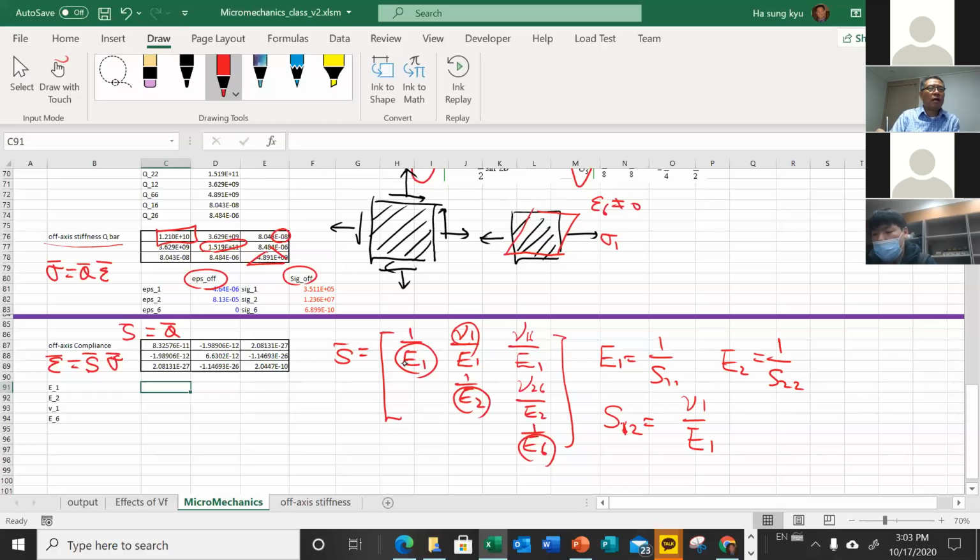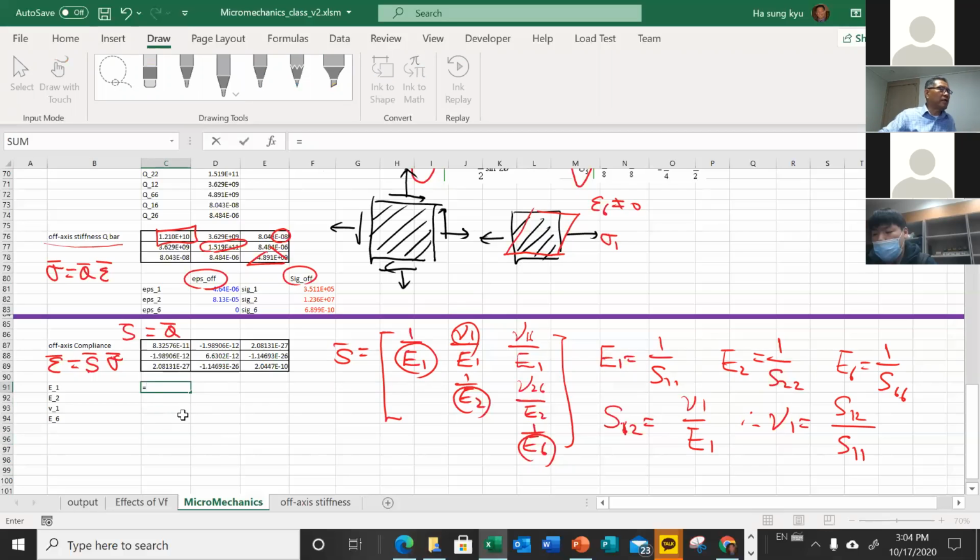So how do we get this mu1? Mu1 equals S12 divided by S11, and E6 is 1 divided by S66, which is not in our class note, but can be very useful information.